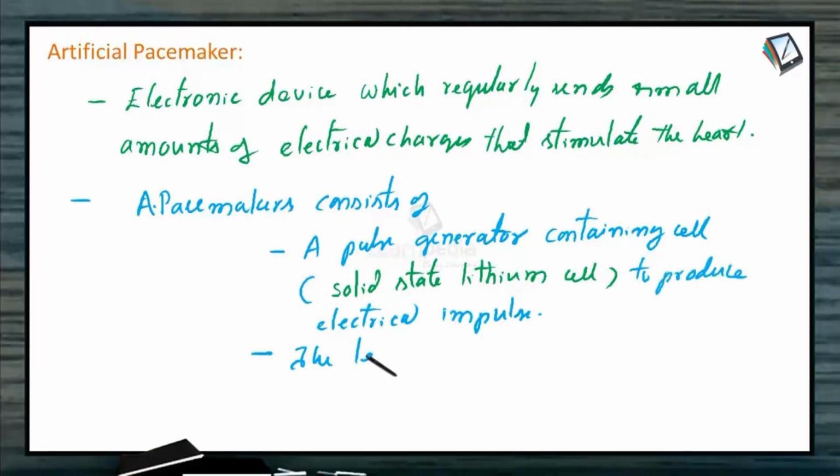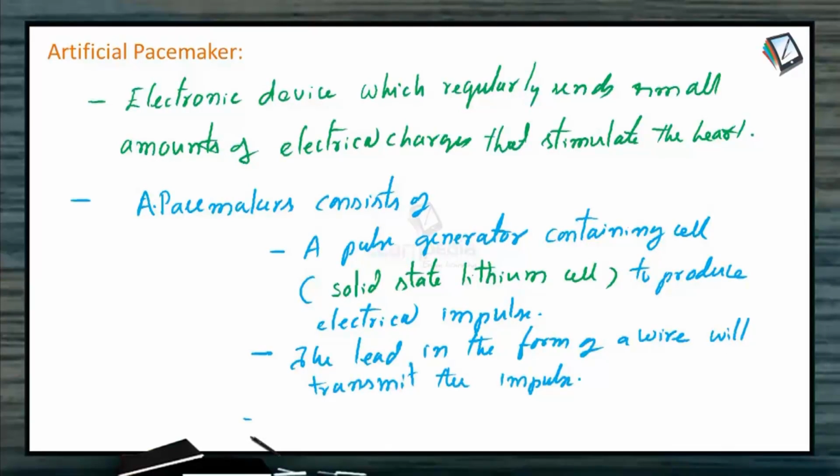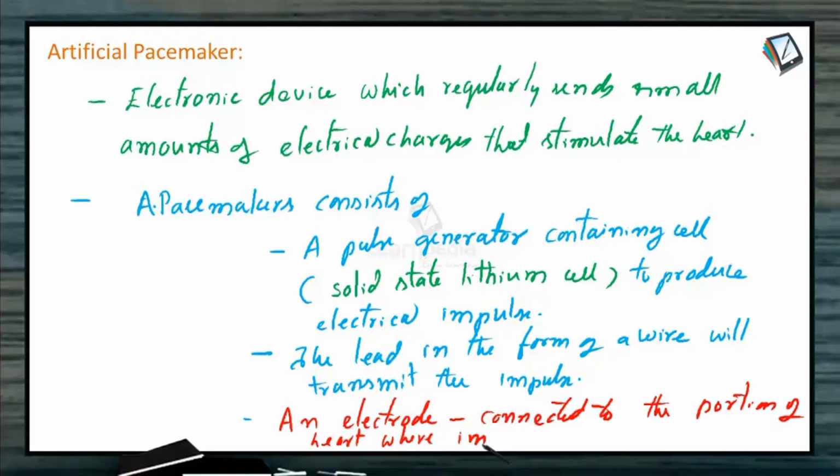The lead in the form of a wire will transmit the impulse to an electrode which is connected to the portion of the heart where the impulse is to be transmitted.